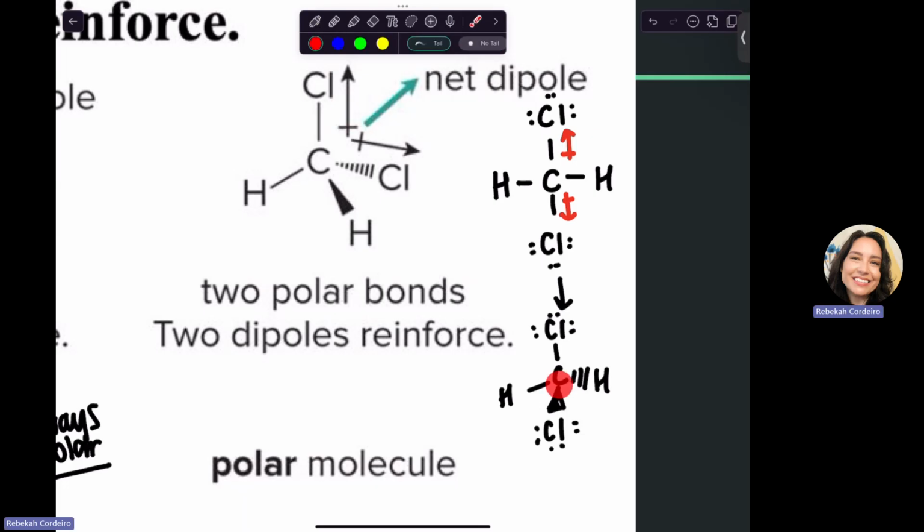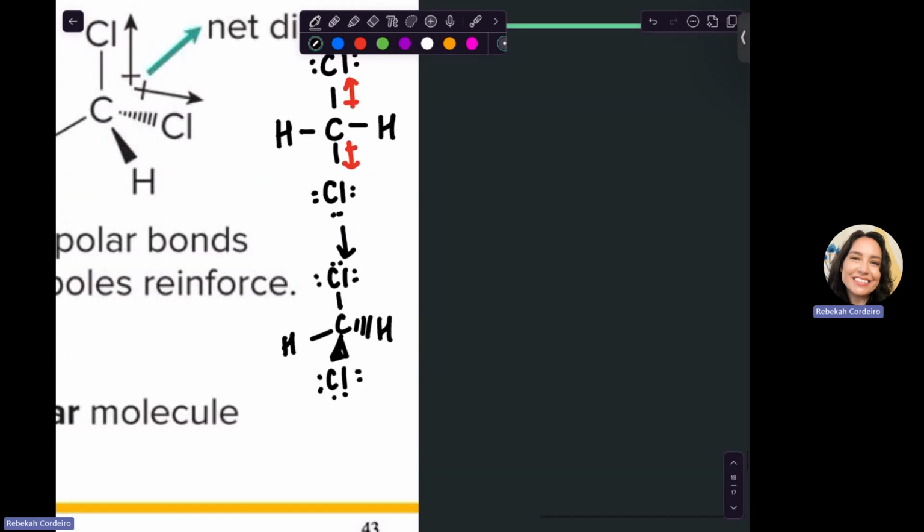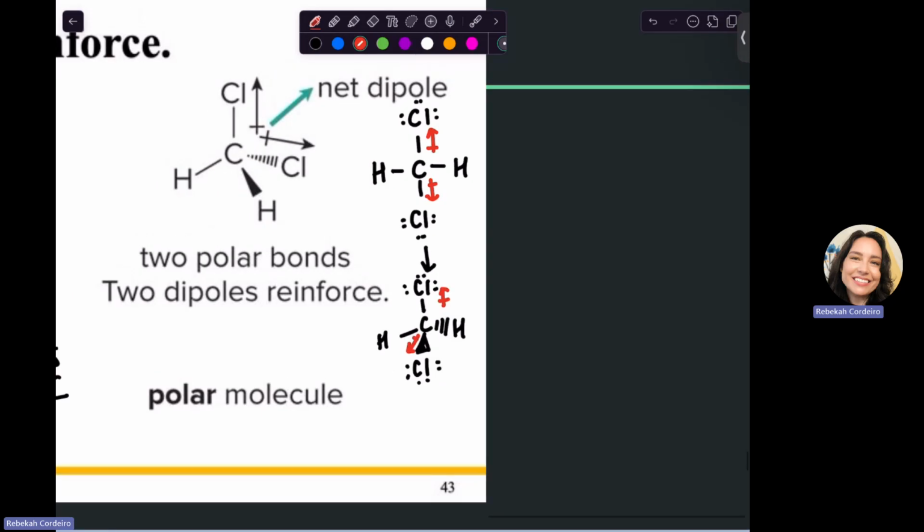So really we have a pull up and out of the page. So it's not really canceling out the pull of electrons here. We have a pull up and then a pull out of the page, and that's not canceling out. So just be careful when you determine whether it is a polar molecule or not, that you're actually looking at the shape.